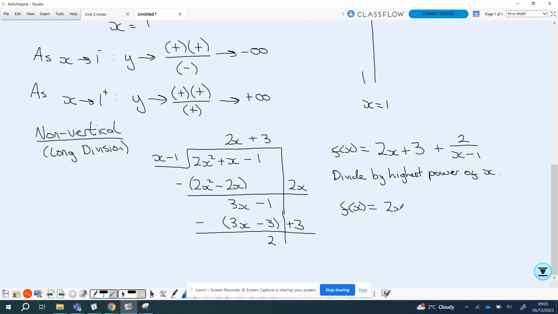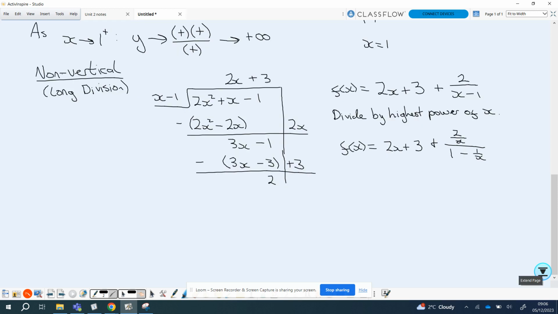So it'll be 2x plus 3 plus 2 over x, all divided by 1 minus 1 over x. The reason we do that is because we want to put in infinity either side of the asymptote. We can then just focus on what our function would look like.